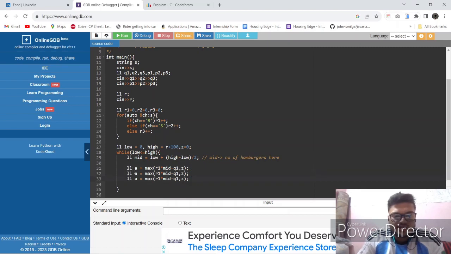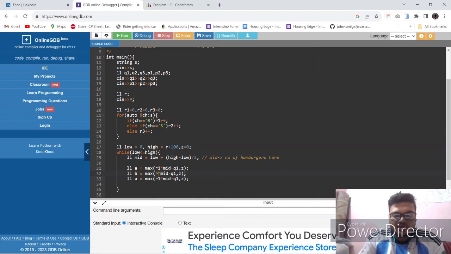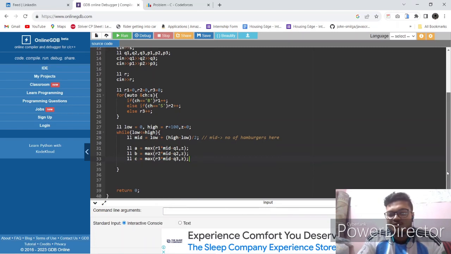So we have to find the three ratios. B will be R2 into mid minus Q2, and it will be R3 into mid minus Q3. So this will be C. And finally, we have to find the total price.